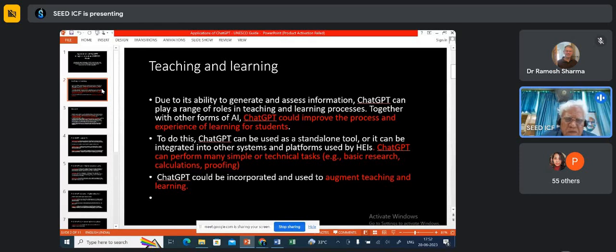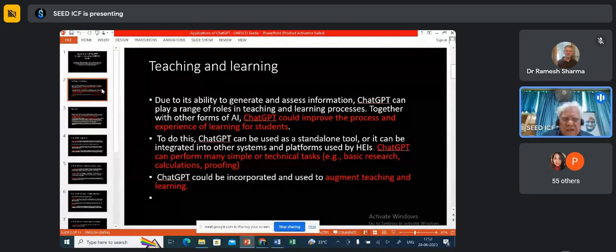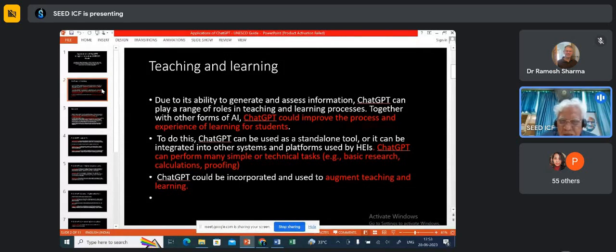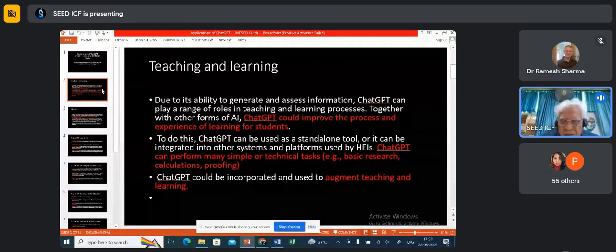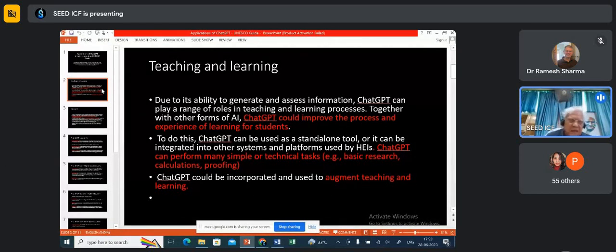Now, ChatGPT could be incorporated and used in augmenting teaching and learning, which you must have seen yesterday when they demonstrated augmented reality and virtual reality, which can help in augmenting teaching and learning. And therefore, UNESCO thought that this is an area where ChatGPT can be used.